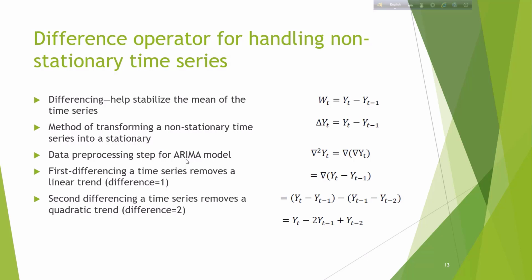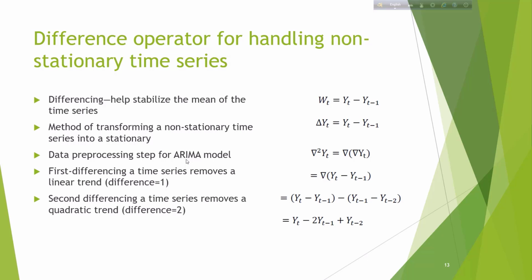So what can we do? We need to take the difference so that the mean and variance can be stabilized. Differencing can help stabilize the mean and variance of the time series. It is a method of transforming a non-stationary time series into a stationary one. It can also be called a data pre-processing step for an ARIMA model.